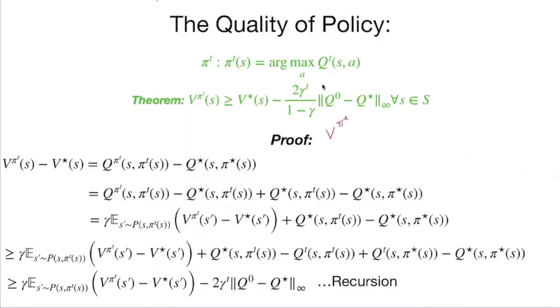Vt of s minus V star of s is bigger than negative 2 gamma to the t times the infinity norm of Q0 minus Q star, minus 2 gamma times gamma to the t times the norm of Q0 minus Q star, and so on and so forth. If you combine these terms together, you will basically prove the theorem that we had.